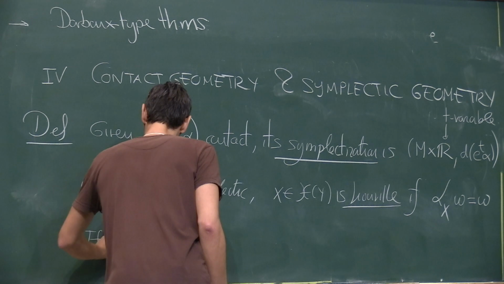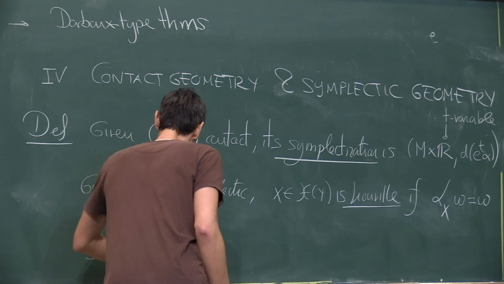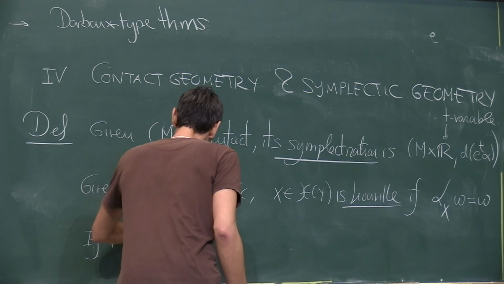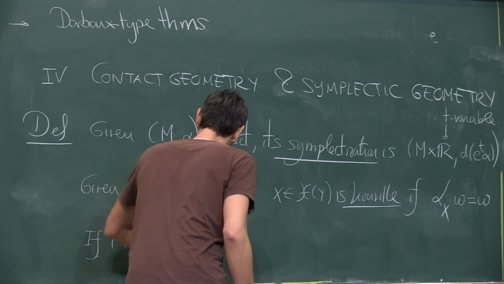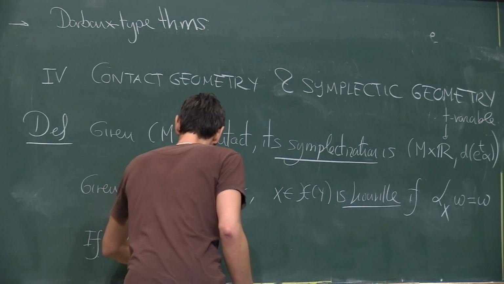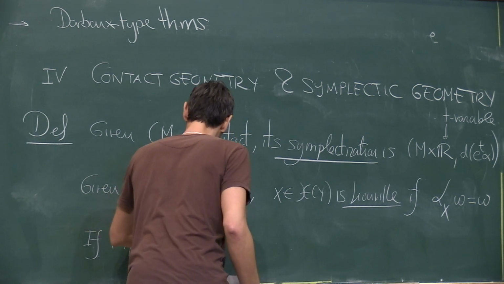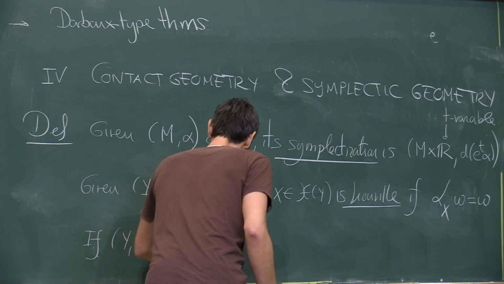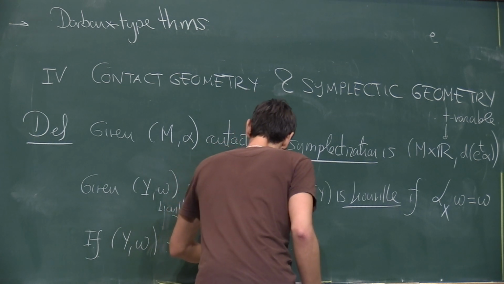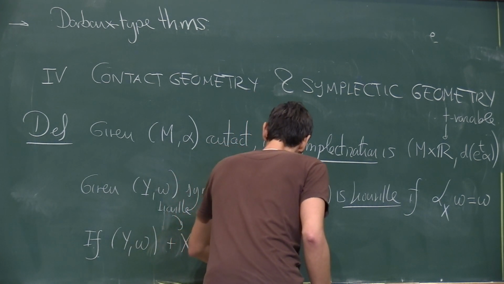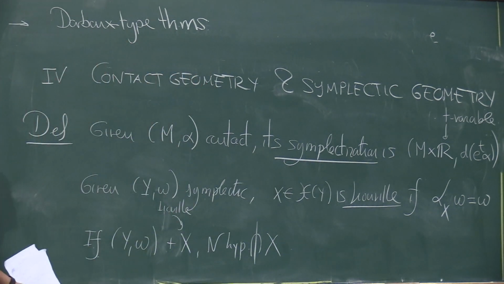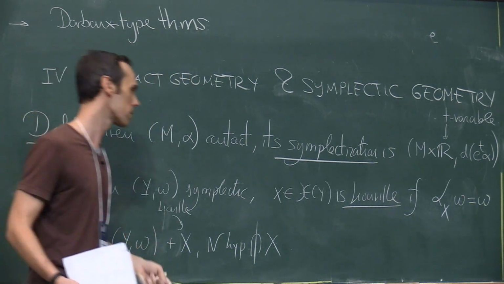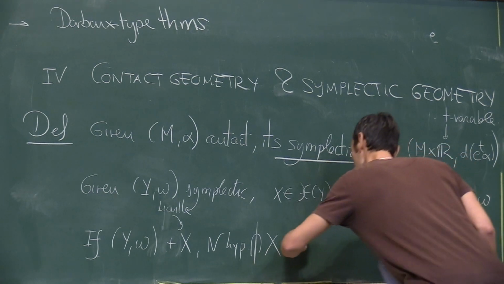And if on a symplectic manifold you have a Liouville vector field, and on top of that you have a hypersurface which is transverse to that Liouville vector field, what you can do is induce a contact form on that hypersurface in the following way.